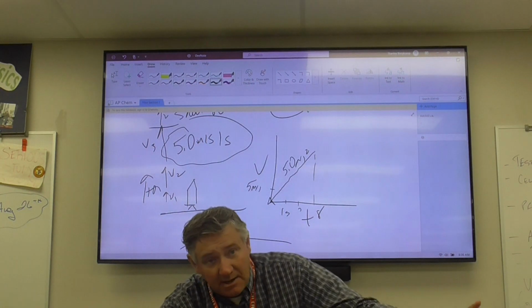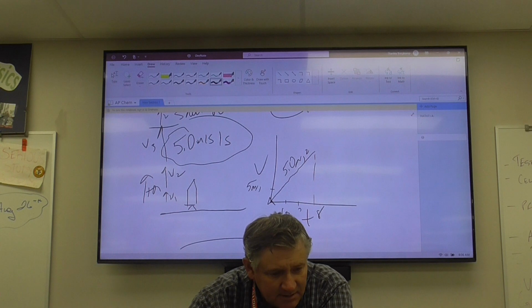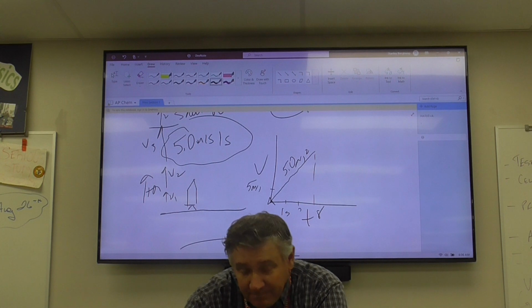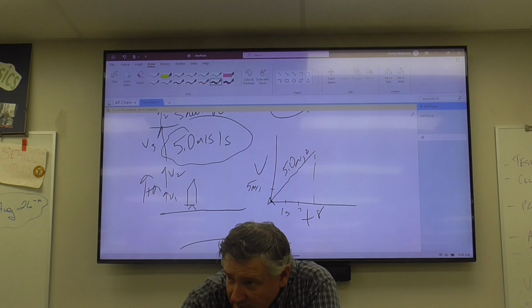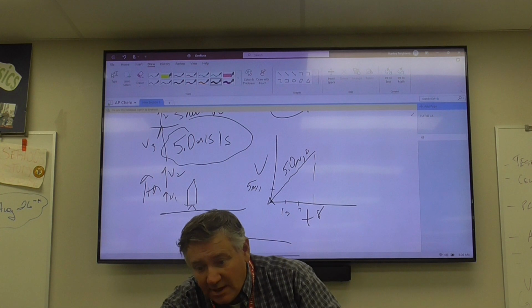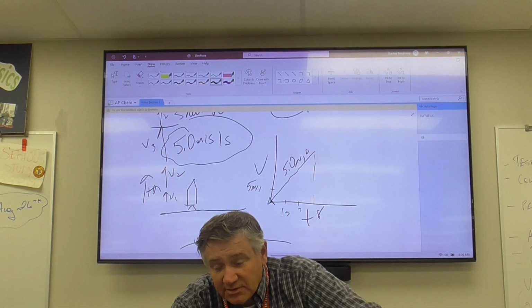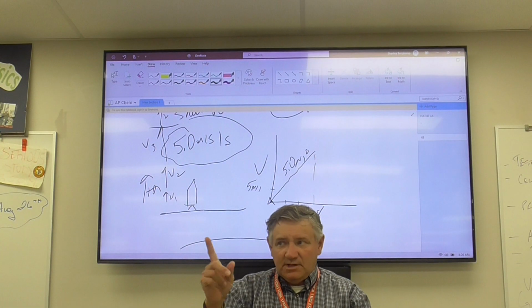Okay, don't just time it on the way up, or don't time it on the way down. Time it from start back to that point. So you also need to observe the initial position of the cart when you let go of it, and then where it ends up. So you need to have somebody watching that. Now, here's the decision that you need to make.